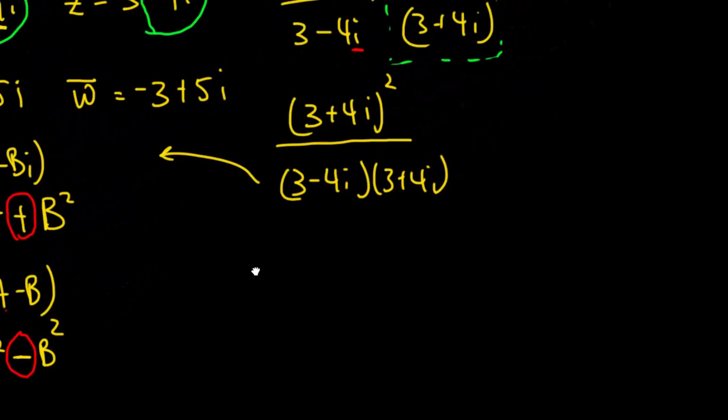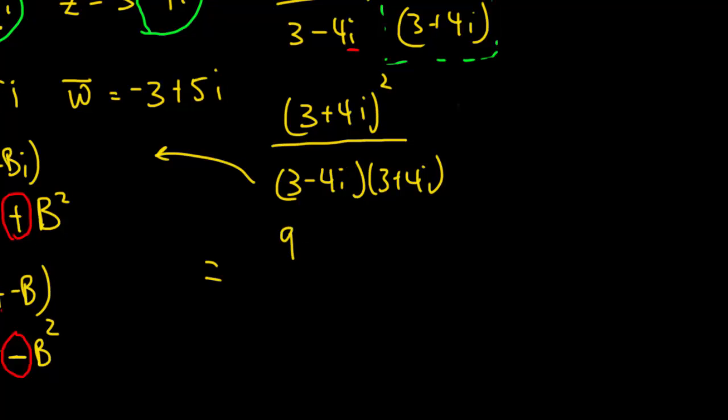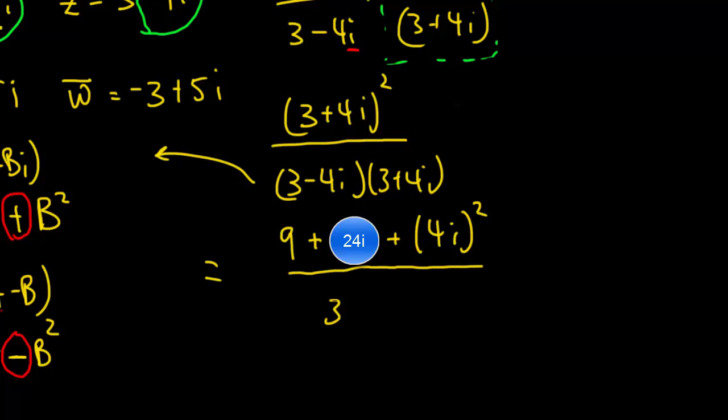So let's go ahead and solve this. That will be equal to 9 plus 24i plus 16i squared, over 3 squared plus 4 squared.